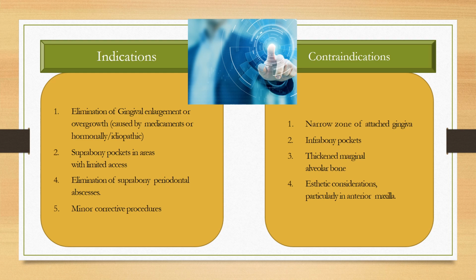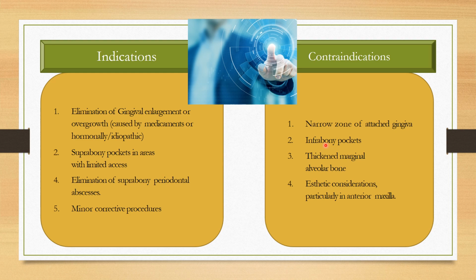Coming to the contraindications, especially in the case of a narrow zone of attached gingiva, it is always contraindicated as it increases the possibility of reduced attached gingiva. Also, in case of infrabony pockets it is not advised, as gingivectomy does not involve osseous reconstruction.